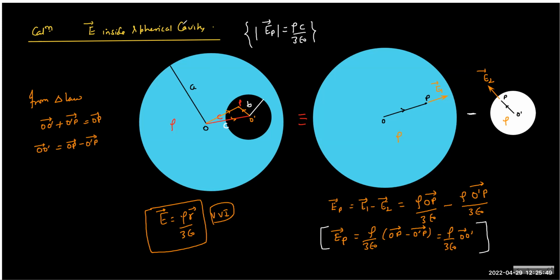If you remember, I have told you the separation between the centers OO dash is c. So this is the c value, and therefore, what about the direction? Parallel to OO dash.